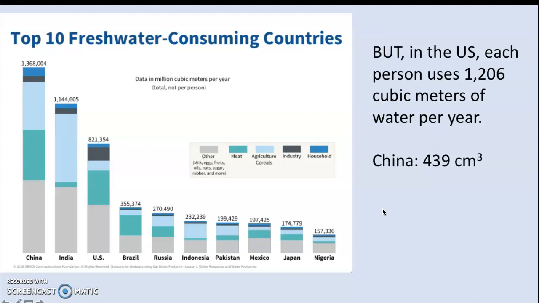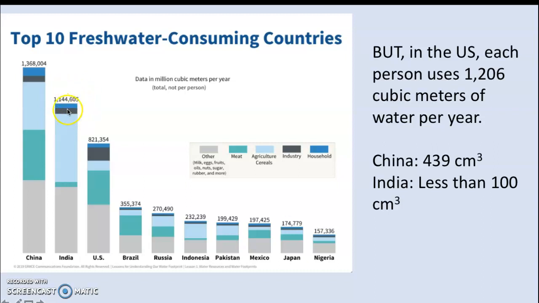In China, each person is only using 439 square meters. Sorry, that says centimeters. Bad, Fravel. That should only say cubic meters. In India, each person uses less than 100 cubic meters per year.